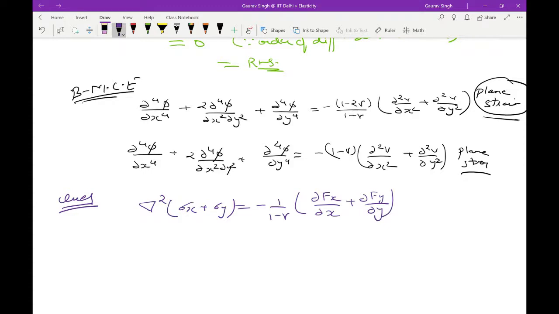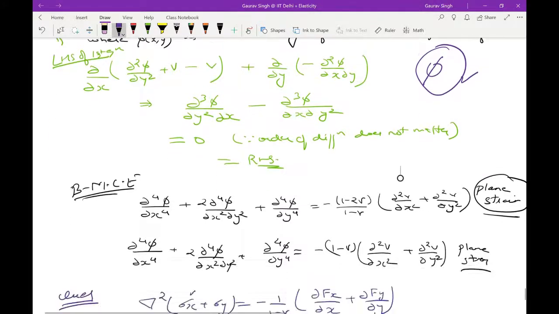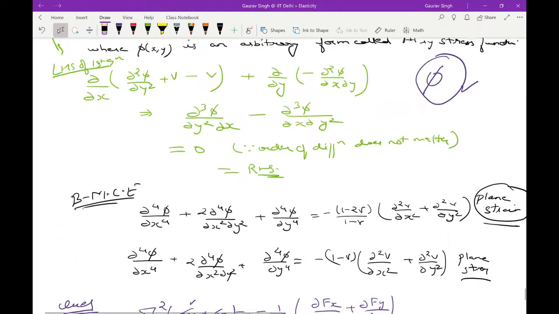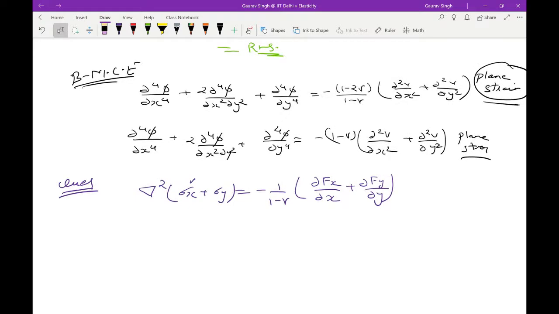Okay, now what you have to do is just substitute sigma x is equal to this term, sigma y and tau xy in this one, and fx is clearly written in terms of v.